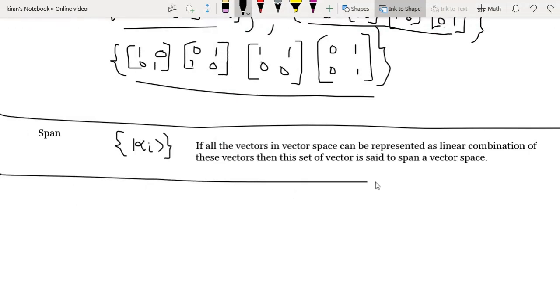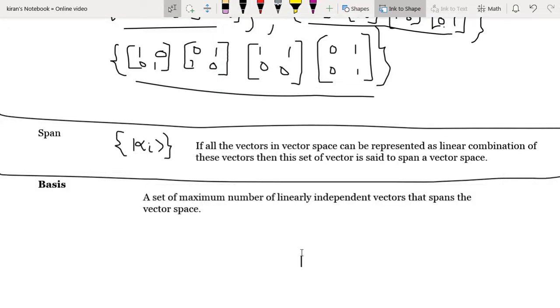Next thing that we are going to discuss is the basis set. A basis is defined as a set of the maximum number of linearly independent vectors that spans the vector space. What does that mean? It means that a basis is a linearly independent set of vectors, and using this set, I can represent any vector in the vector space as a linear combination of these basis vectors.